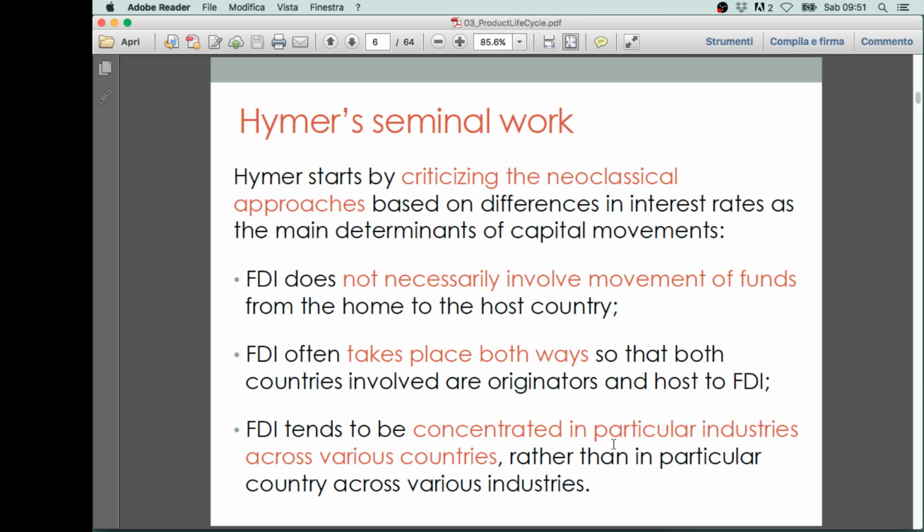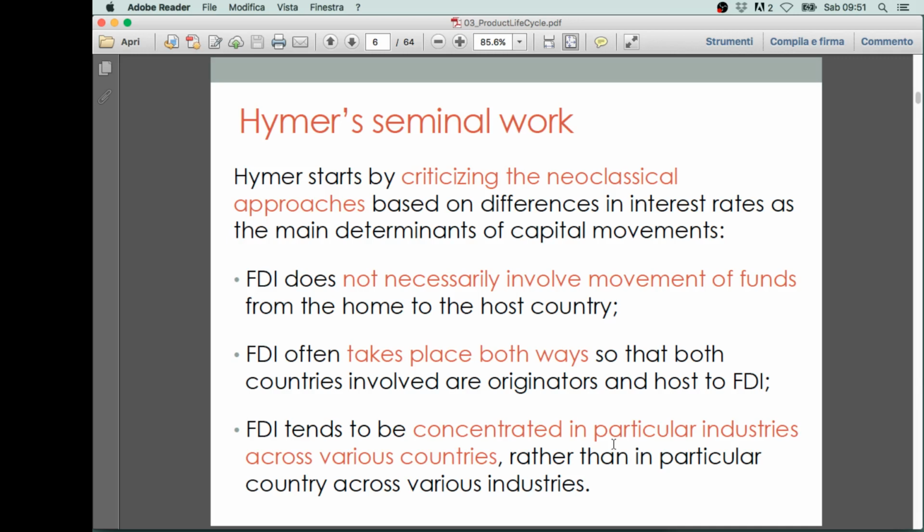That's not necessarily the case, which implies that, of course, you can have foreign direct investments by directly raising capital from the host country. Secondly, FDI often takes place both ways.